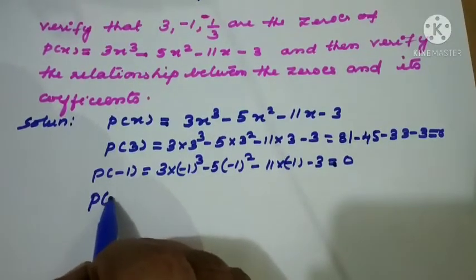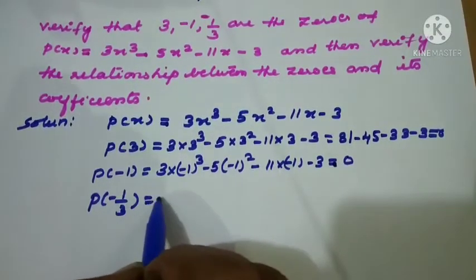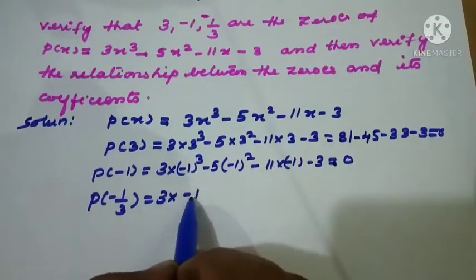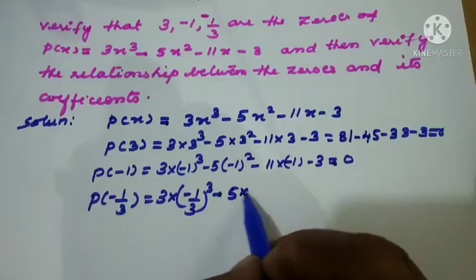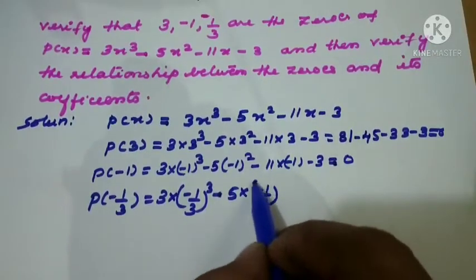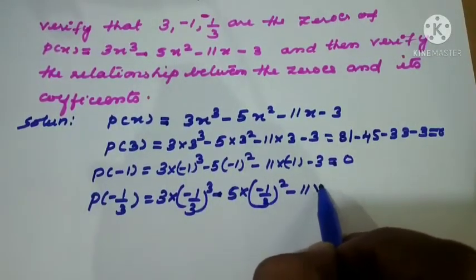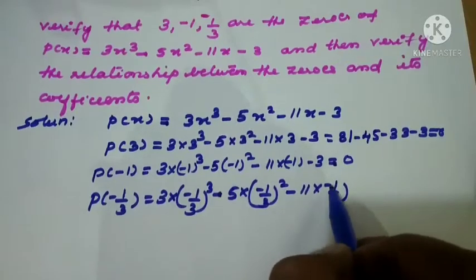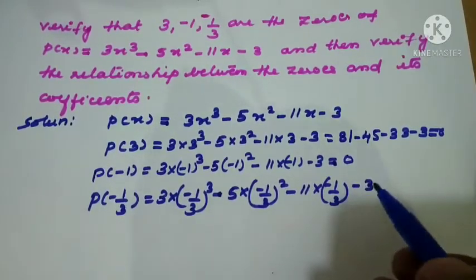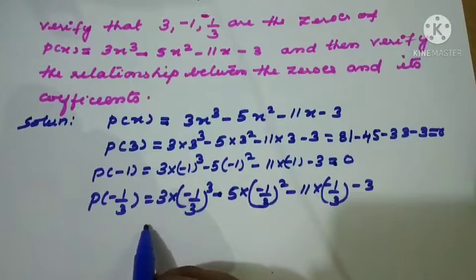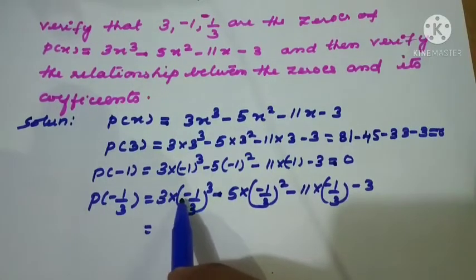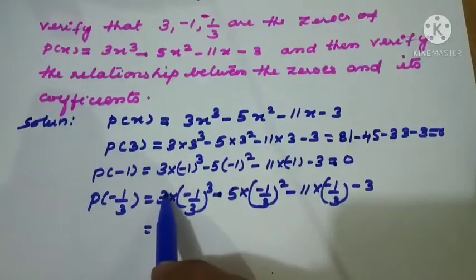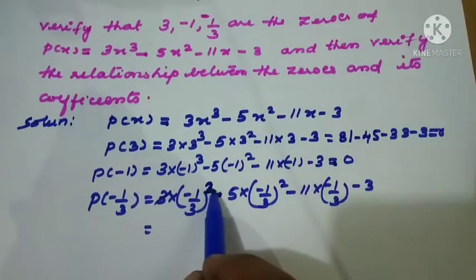P of minus 1 by 3, that we can also check: 3 into minus 1 by 3 whole cube minus 5 into minus 1 by 3 whole square minus 11 into minus 1 by 3 minus 3. It is equal to, we can cancel the 3 here, so 3 and this becomes 9 only.